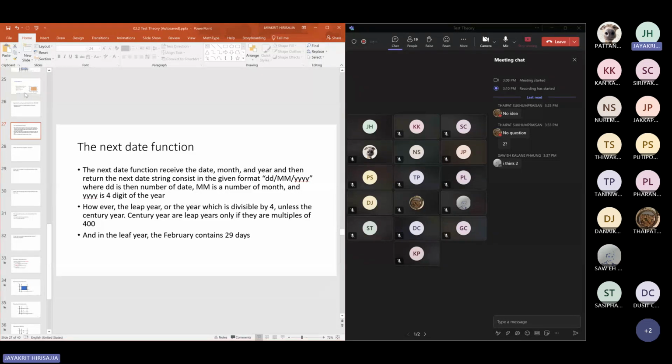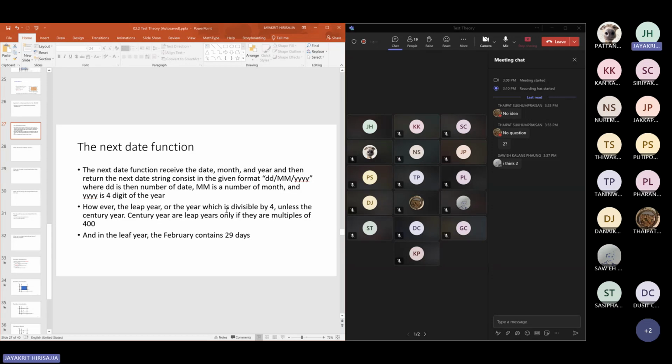So we have the output will be the date string. But when we input this date, month, and year, the function needs to consider whether this is a leap year or not. Right? And if it's a leap year, if the input is 28th of February, the next date must be 29th of February.